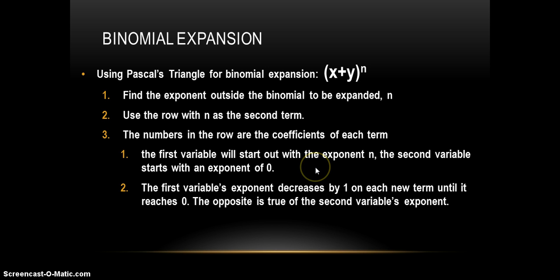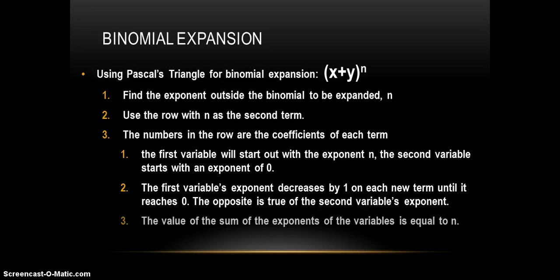Now, once you move on to the next term, that first variable's exponent decreases by 1. And the second variable's will increase by 1 all until you get to the other end where your x has disappeared and you've got y to the nth. One way you can always check that, those exponents should add up to whatever the value of n is.